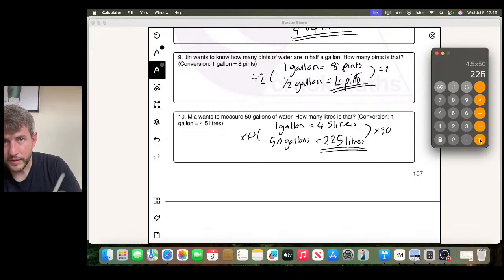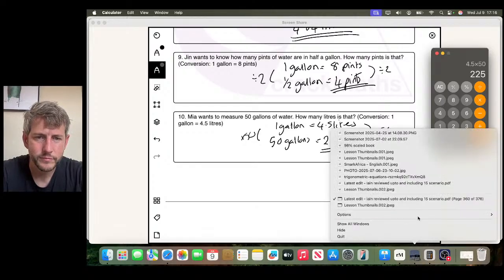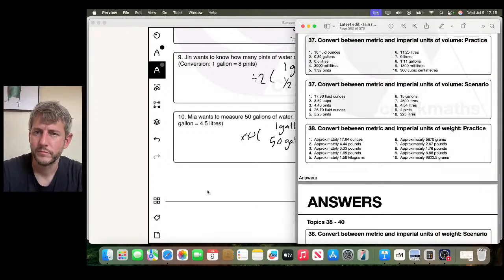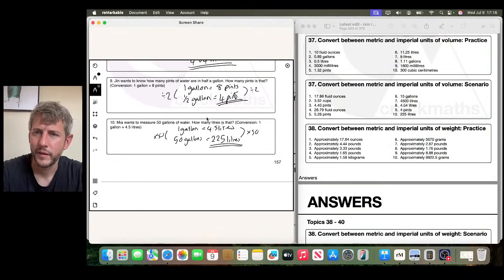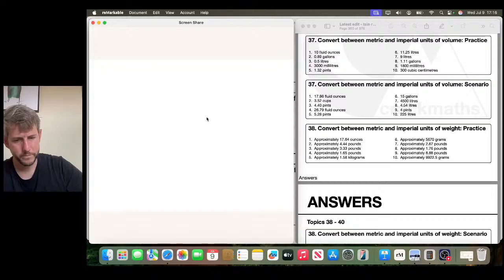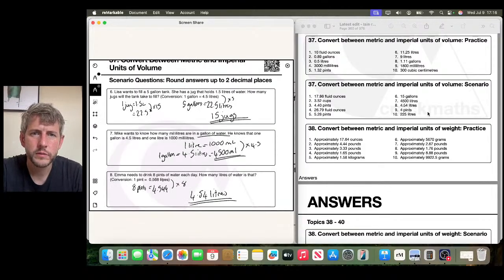Okay, right. Let's have a look at marking this. Okay, up to the top. So first one. I've written 6 should say 15 jugs, not 15 gallons.